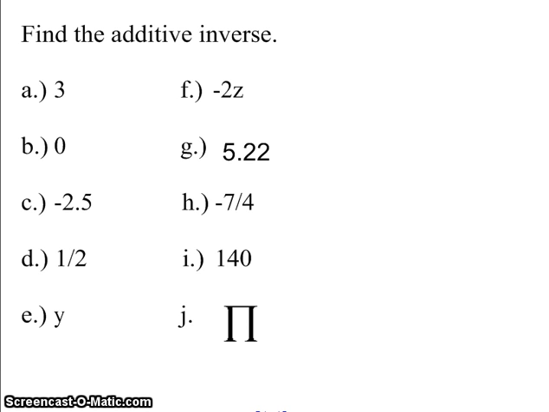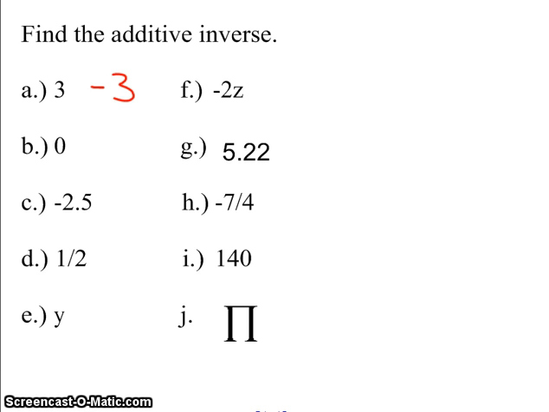So thinking with letter A, we have a positive 3. So just take a second. What can I add to a positive 3 to get an answer of 0? That would be the opposite of 3, or negative 3. You're going to find that negative and opposite are indeed the same.